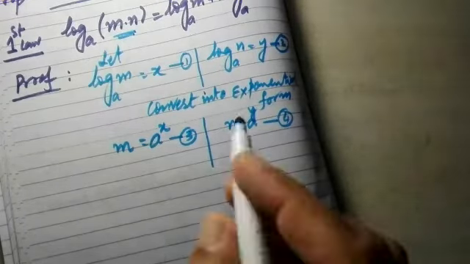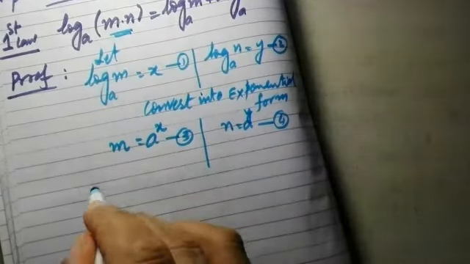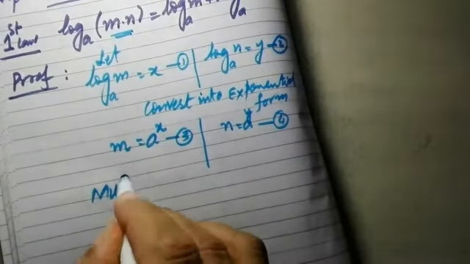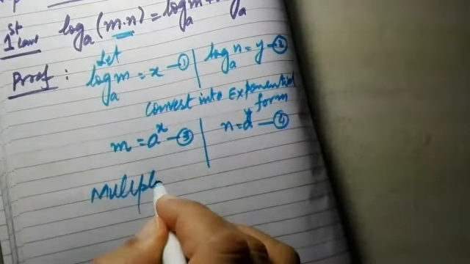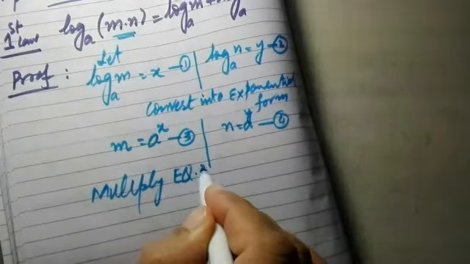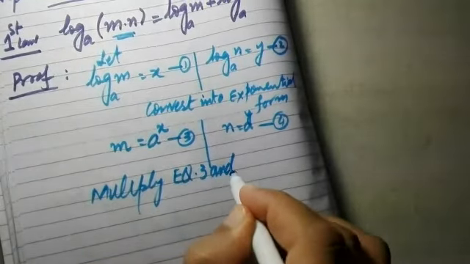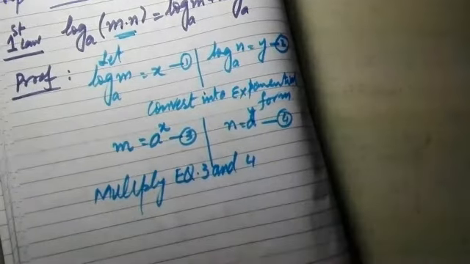So what we should do is multiply equation 3 and 4. How do we multiply 2 equations?